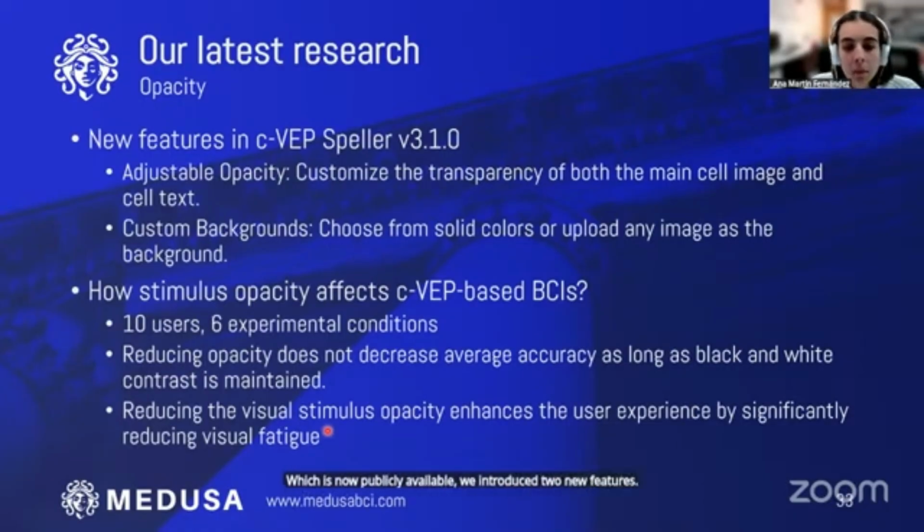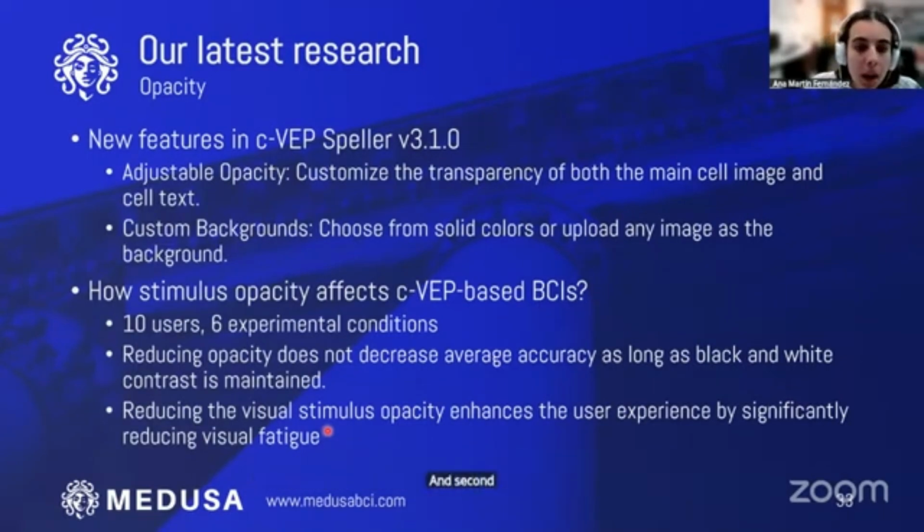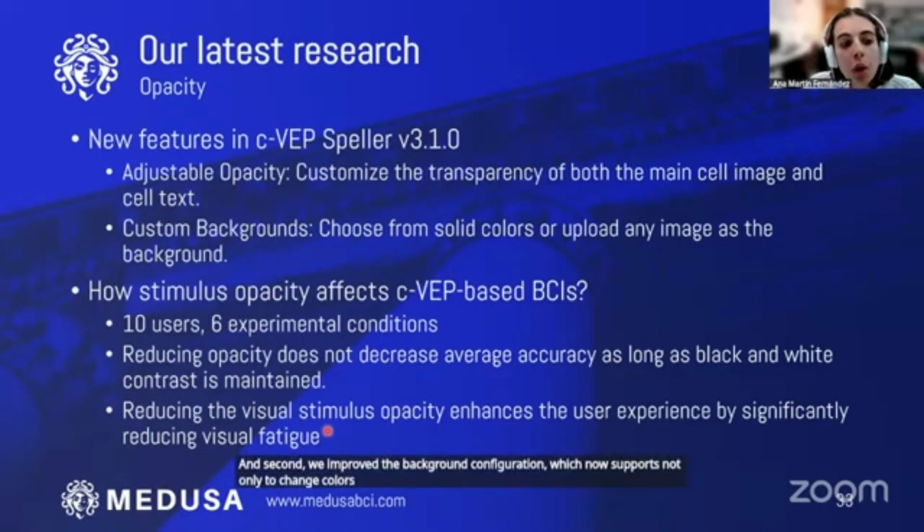First, adjustable opacity, which allows users to customize the transparency of both the cell image and the command text. And second, we improved the background configuration, which now supports not only changing colors, but also uploading any image the user wants as background scenario.